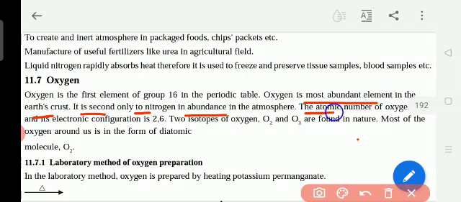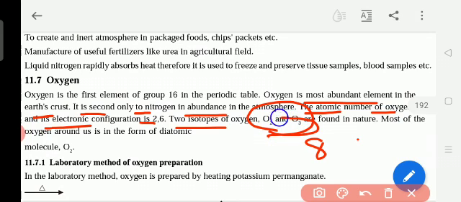The atomic number of oxygen is 8, and its electronic configuration is 2, 6. And there are two forms of oxygen, O2 and O3, found in nature.